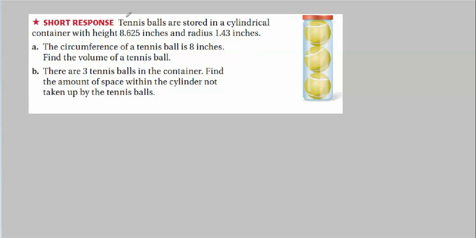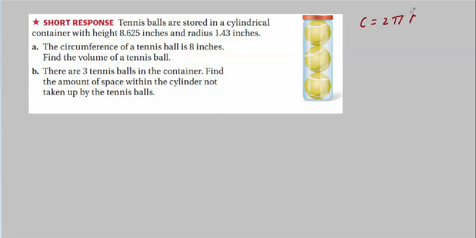Now, what about mathematics? It says here they're stored in a cylindrical container, alright, with that height and that radius. First thing I want to know is the volume of a tennis ball. Okay. They gave us a circumference. That's the same as a circle, 2 pi r.